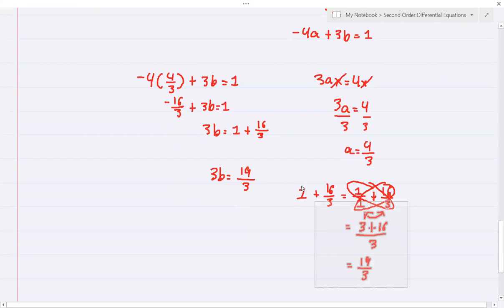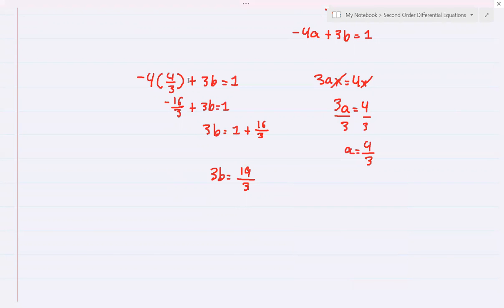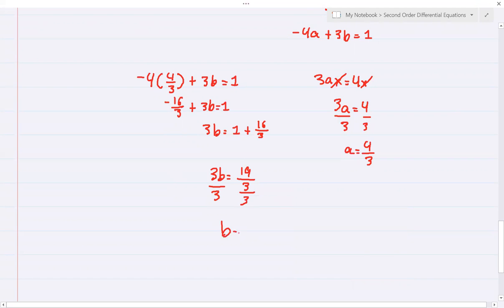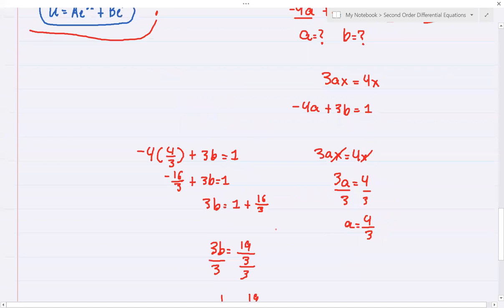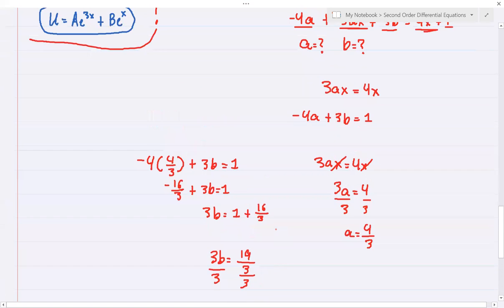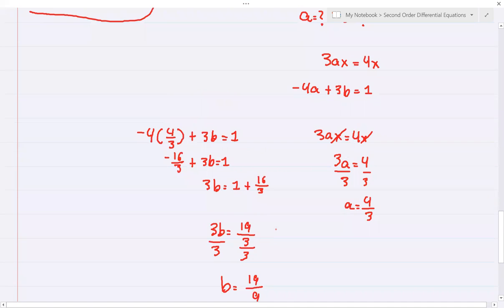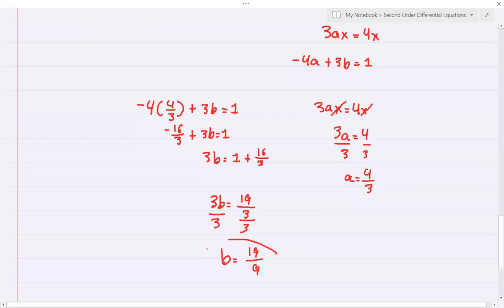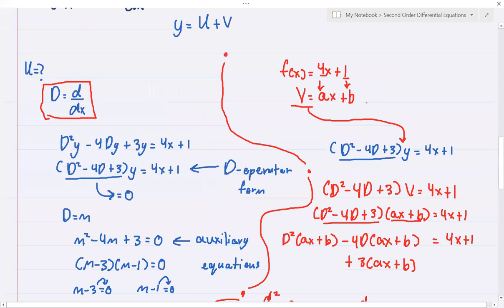So let's go back and get your b. By getting your b, let's divide both sides by 3. So we will have b as 19 over 9. Since we have found your a and your b, we can now further substitute these letters in here.